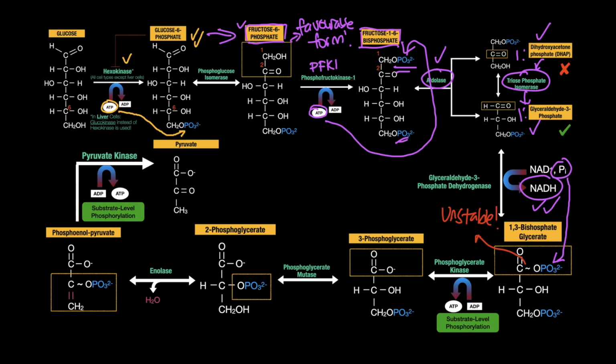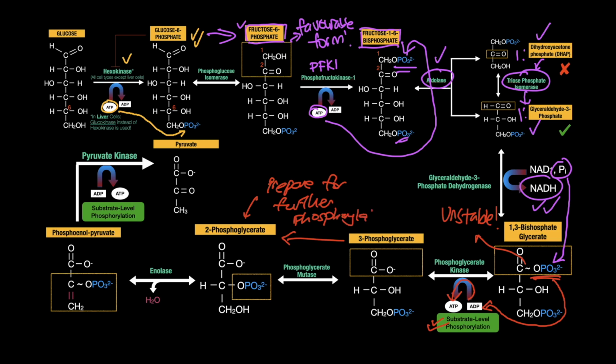Therefore, the transfer of this phosphate group relieves the unstable status of 1,3-bisphosphoglycerate, and the phosphate group is transferred to ADP to form ATP. This process of forming ATP from ADP and a phosphorylated intermediate rather than ADP and an inorganic phosphate is known as substrate level phosphorylation.